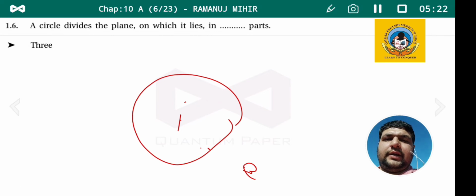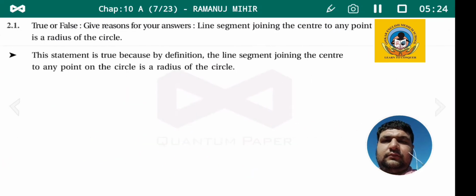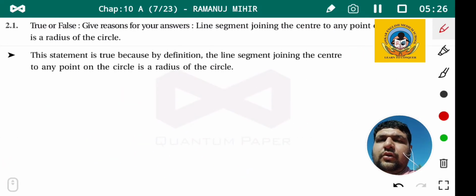Okay, now the next question. True or false? Give reason for your answer. A line segment joining the center to any point on the circle is a radius of the circle. So what is the statement?